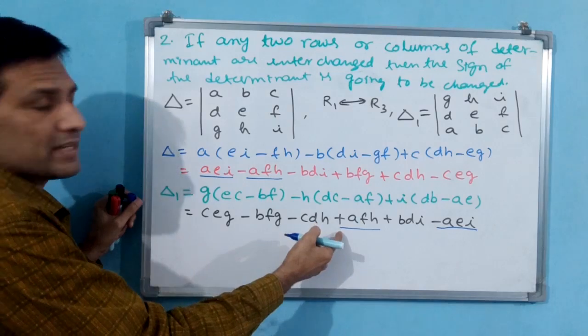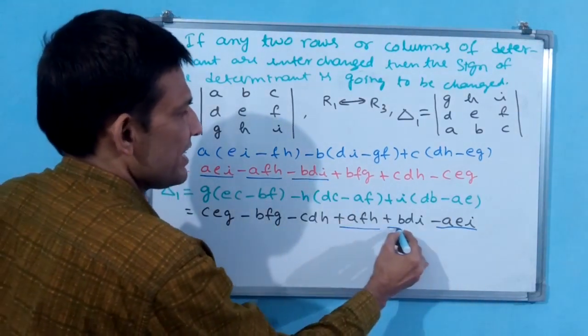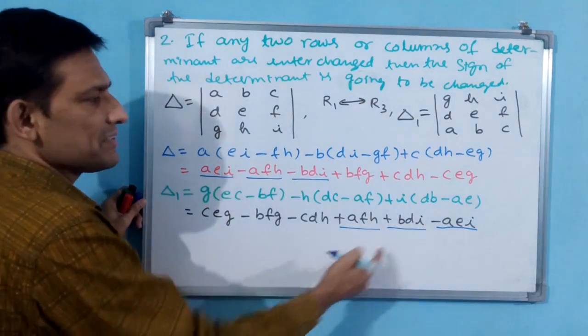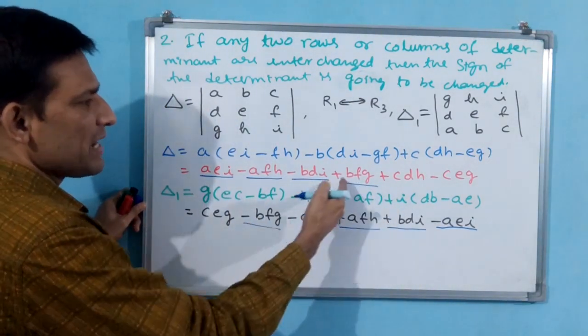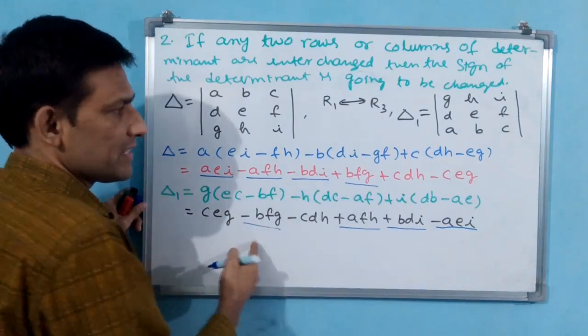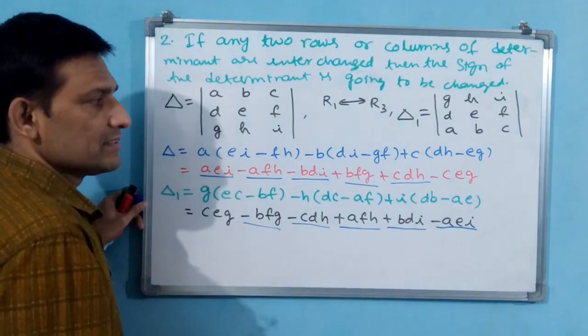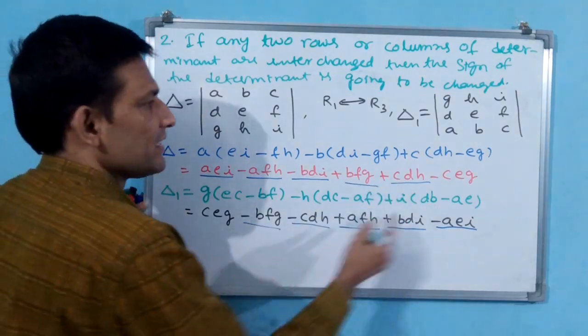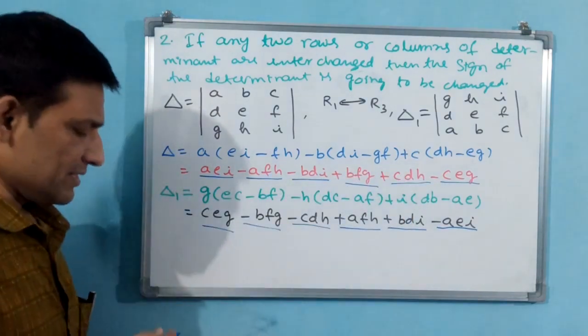Minus BDI, plus BDI. Plus BFG, minus BFG. Plus CDH, minus CDH. Minus CEG, plus CEG. Different signs in each.